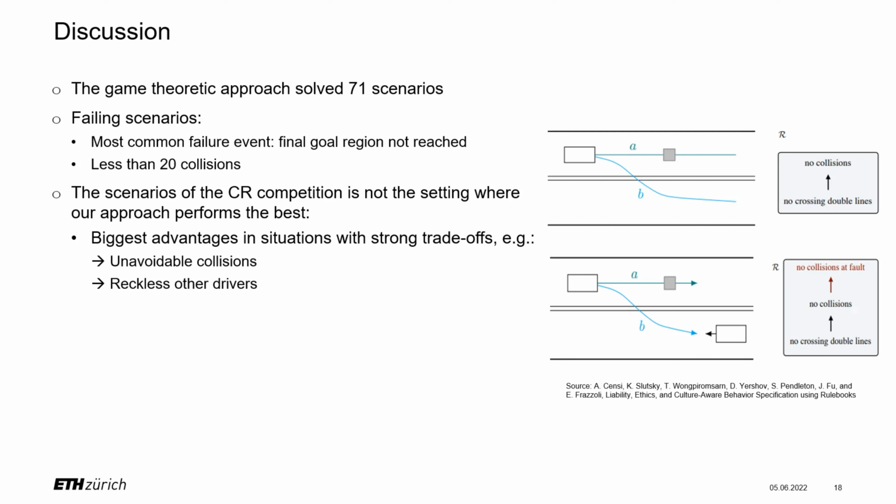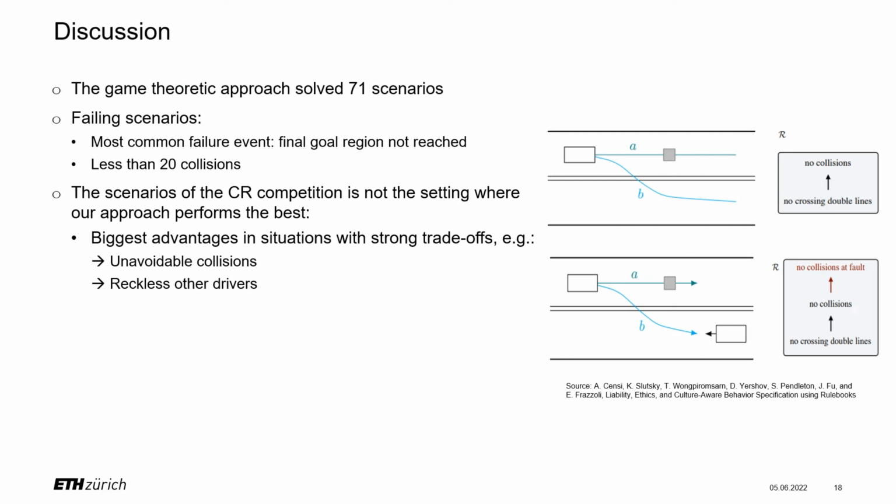So in this case, the car would just choose to swerve and take trajectory B. But if we include that no collisions at fault is more important than collisions, and there is a vehicle in the other lane, then in this case, the car would choose to collide. So this is what I was talking about before with interpretability and so on.